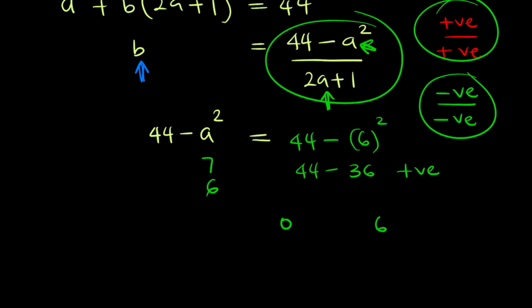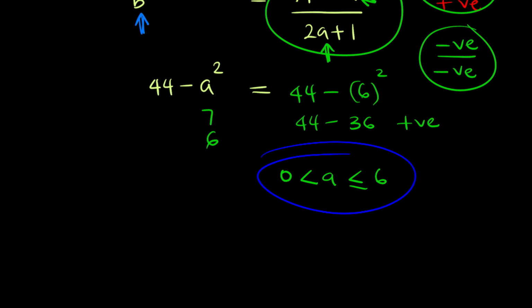So we have a greater than 0 and a less than or equal to 6. So these are the range of values for a. Between these values, we can have our a, and then we can test each of these values to get our corresponding value for b.